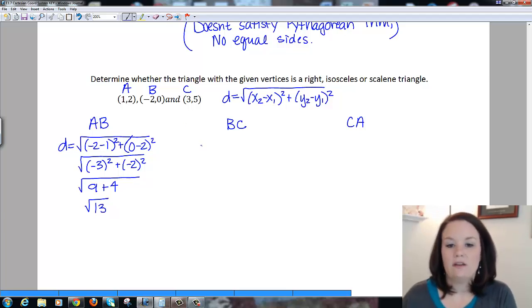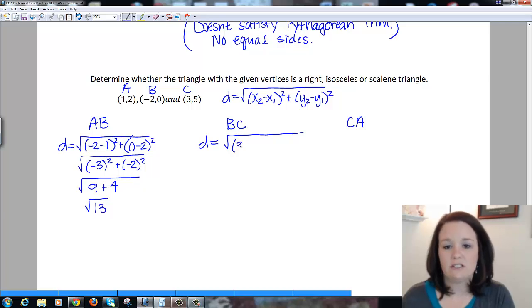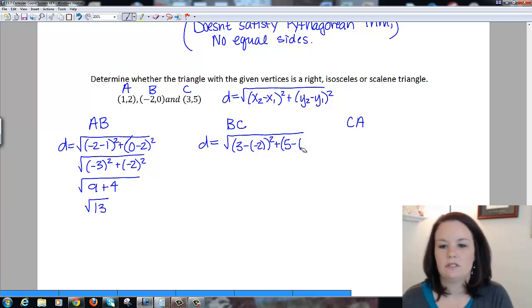Okay, then I'm going to go ahead and find the distance from B to C. So I do my second x value, which is from C, which is 3, minus my x value from B, which is -2, squared, plus my y value from C, which is 5, minus my y value from B, which is 0, squared.